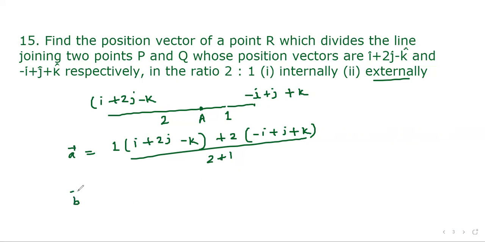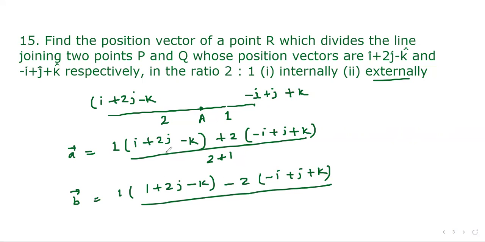So suppose it is vector R: 1 times (i plus 2j minus k) minus 2 times (minus i plus j plus k) divided by 2 minus 1, because these ratios must be written in order. Whatever ratios we are using here, like 2 is to 1, so 2 minus 1. So that is the answer.